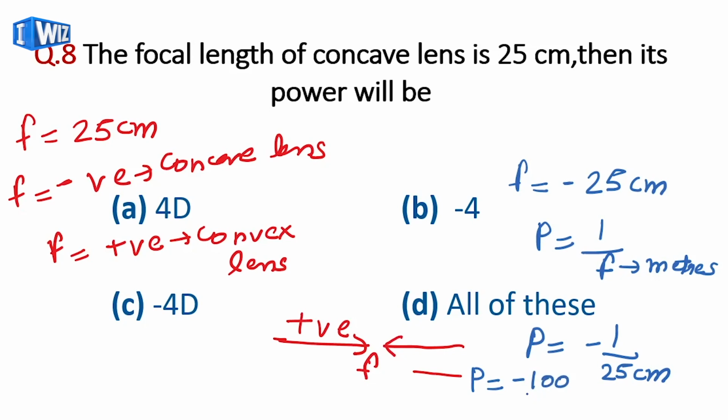So 100 will go up, 25 will go down. When we solve it, it will come to minus 4 diopter. So what's the right option from here? Minus 4 diopter. Clear? So now come to the next question.